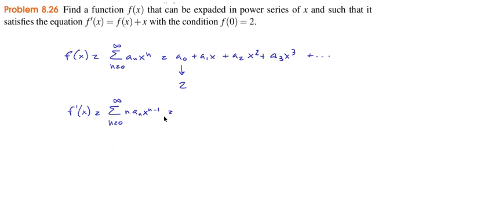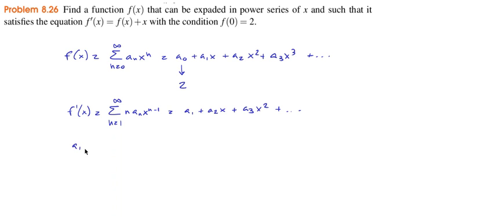So in other words, we can write it like this. At n equals 0 this term is 0, so we can start the sum at 1. So we have a1 plus 2a2x plus 3a3x squared, and so on. Now f prime is equal to f plus x, right?